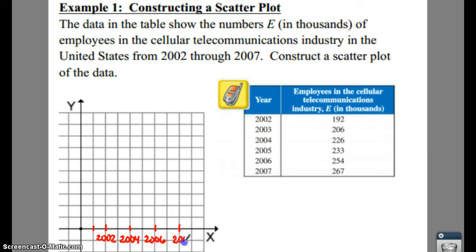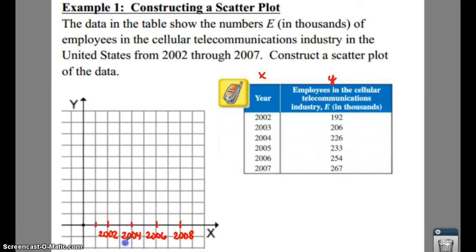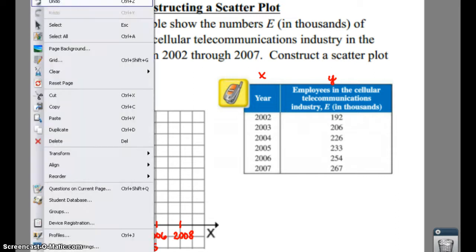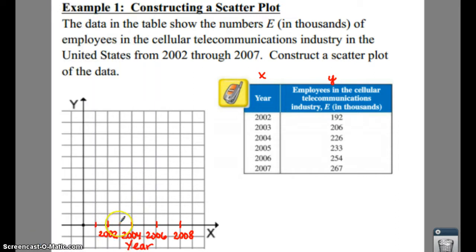This is your x axis, this is your y axis. So we would say year down here on the bottom. You should label your axes. Then you've got these little dots in here.